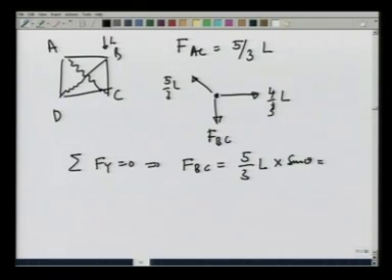Sine of theta we have already calculated is 3/5, and therefore, this comes out to be L. So, FBC is pushing it down, and that means the rod is being compressed, so it is compressive.